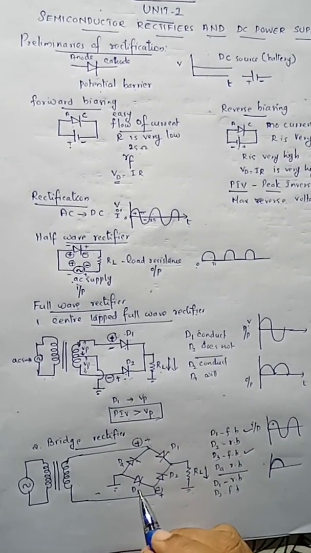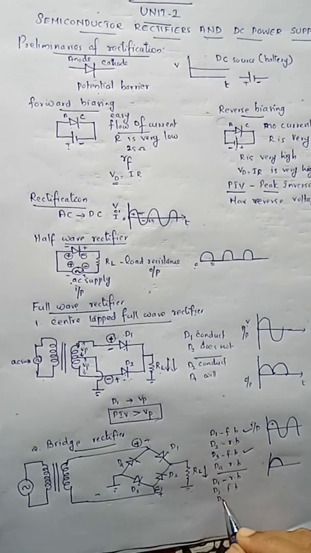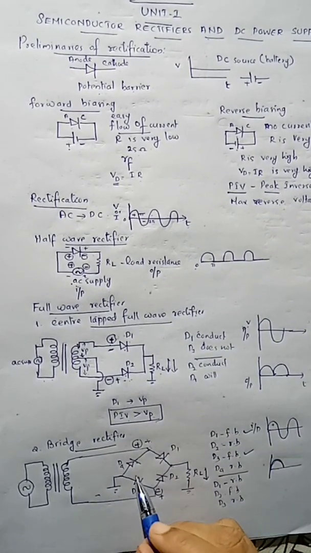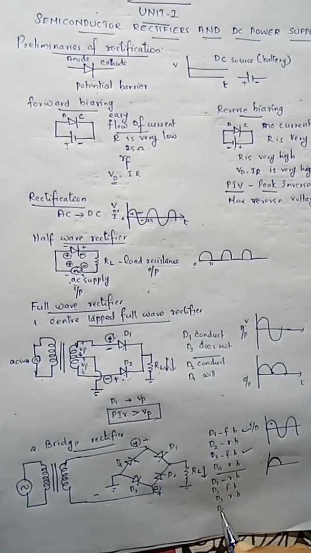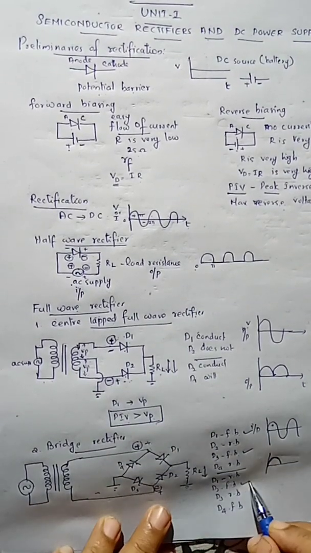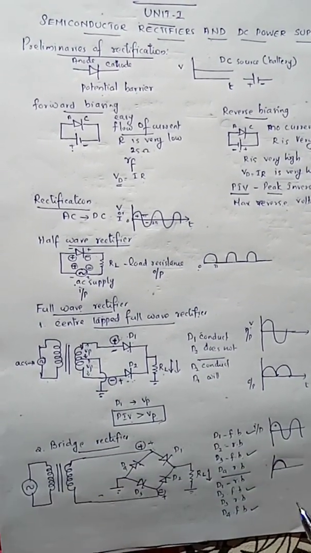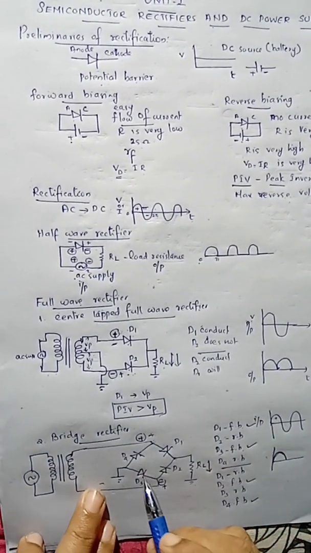Then what happens to D3? D3 has positive to the cathode, so it is reverse biased. What about D4? D4 has negative to the cathode, so it is forward biased. So in this case, D2 and D4 are forward biased, and the other two diodes are reverse biased.